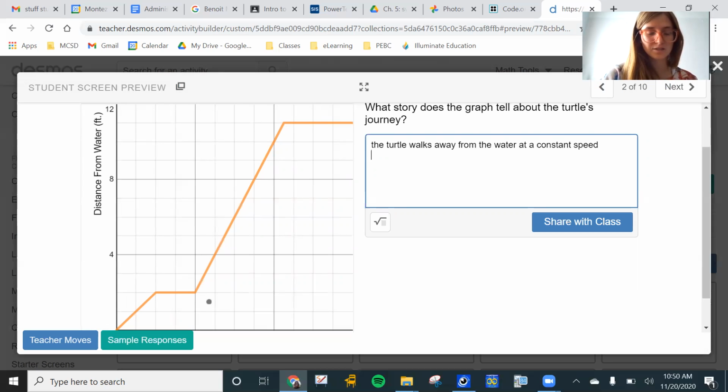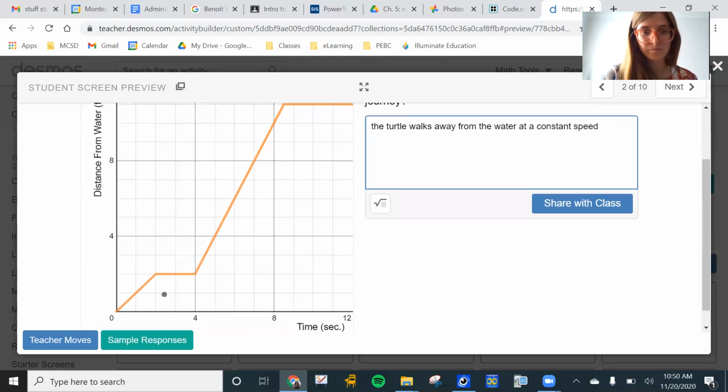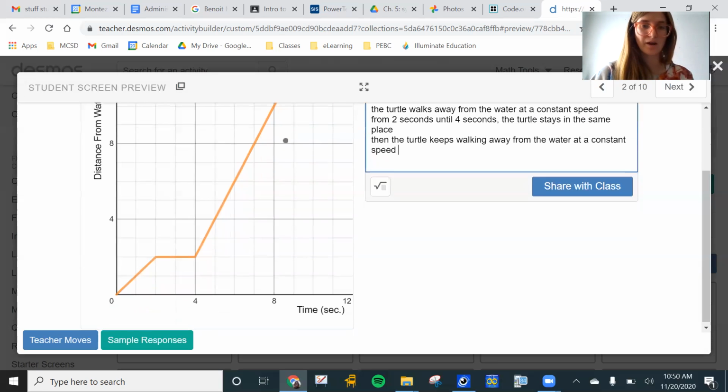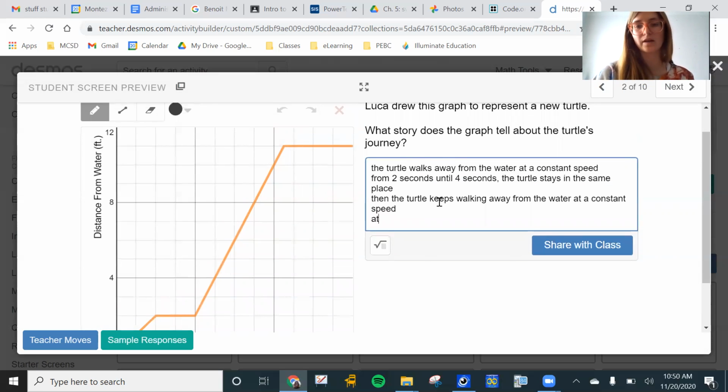So from 2 seconds until 4 seconds, the turtle stays in the same place. Then the turtle keeps walking away from the water at a constant speed, and somewhere around 8.5 seconds, he stops walking.